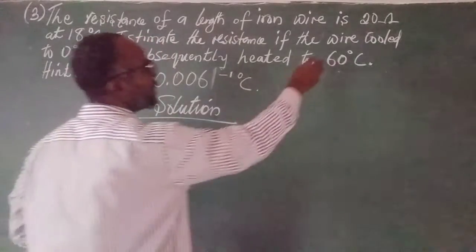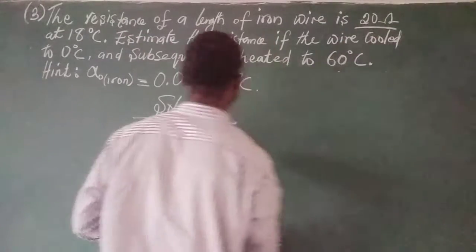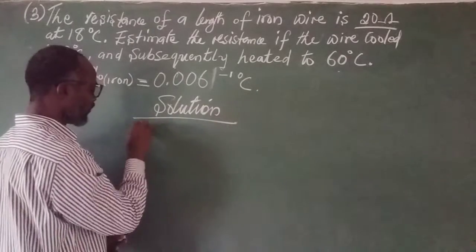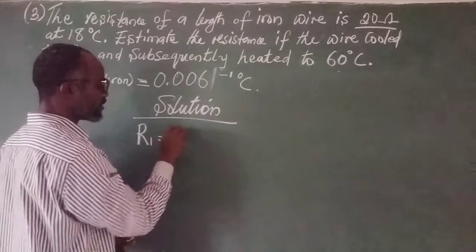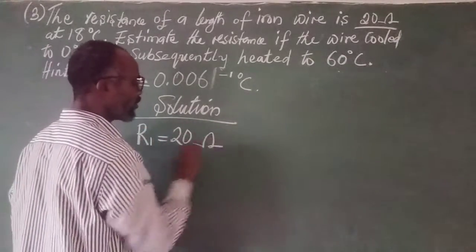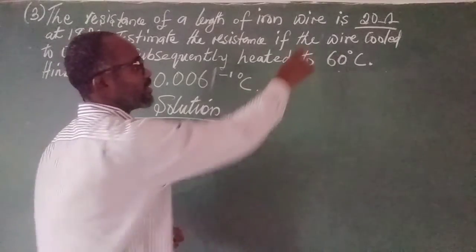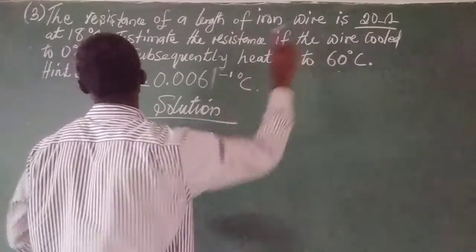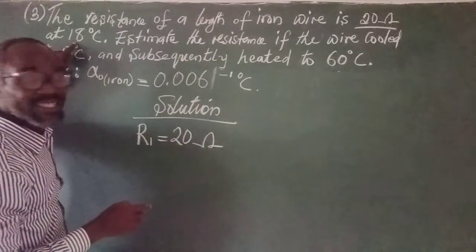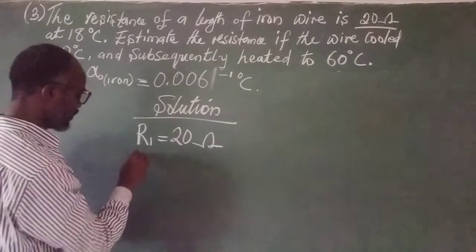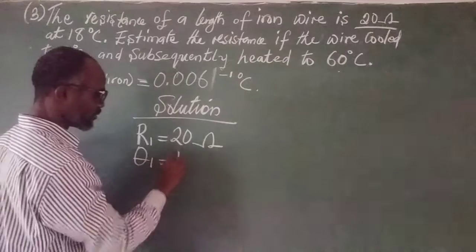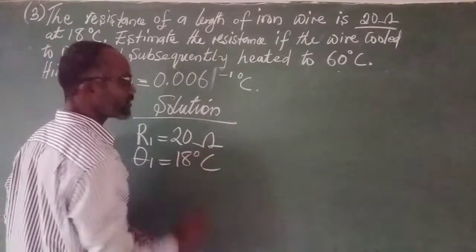So the first thing, look at this. This is resistor R1. The resistance of the wire R1 is 20 ohms, right? And this resistance is taken when the temperature is 18 degrees Celsius. So T1 is equal to 18 degrees Celsius.